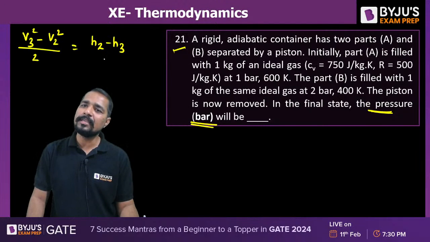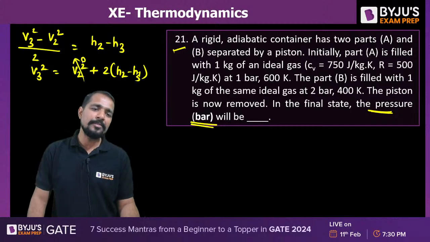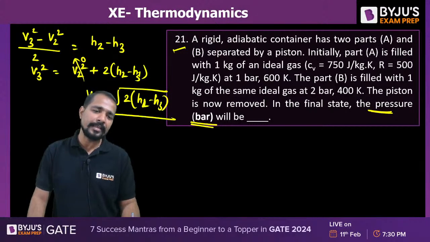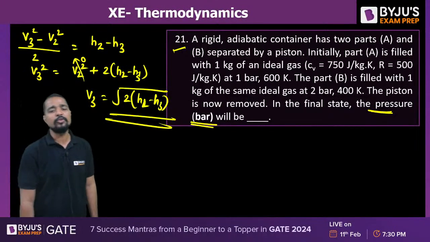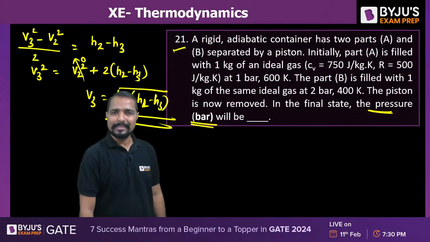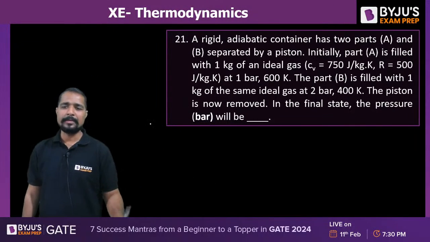We have already studied in SFE. Yes or no? So in this case, V3 square will be equal to V2 square plus 2 times H2 minus H3. V2 is negligible as per the question. Then V3 will be equal to the square root of 2 times H2 minus H3. Okay. The same formula I have written. After that, I have substituted the value of H2 and H3 by Cp delta T. Clear? Chaliye. Tell me the answer of this question.